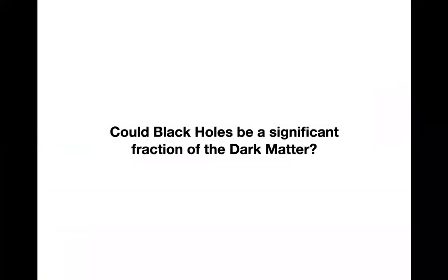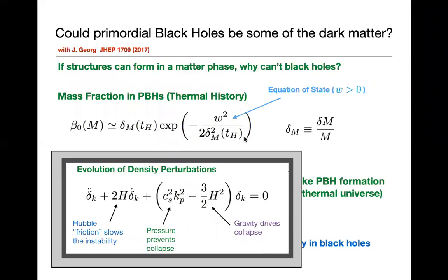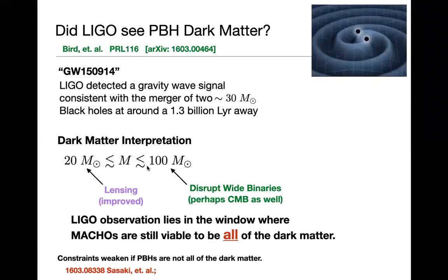All right, so the other thing that's interesting about matter domination is if you have these structures forming, you could ask, can they collapse to actually form black holes? And we heard in the last talk, there's this interesting mass range of about 30, or in between, let's say 20 and 100 solar masses for black holes.